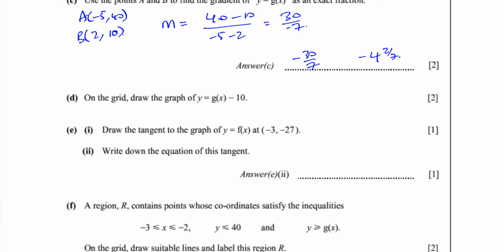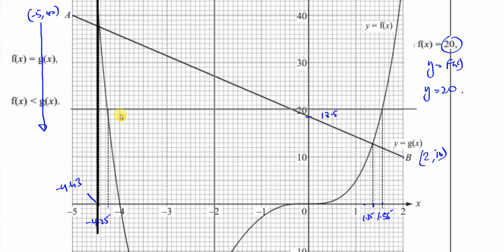So what you can do is take away 10 from this value. So that becomes minus 5, 30. And this point, 2, 10 becomes 2, 0, because you're taking away 10 from the y coordinates.